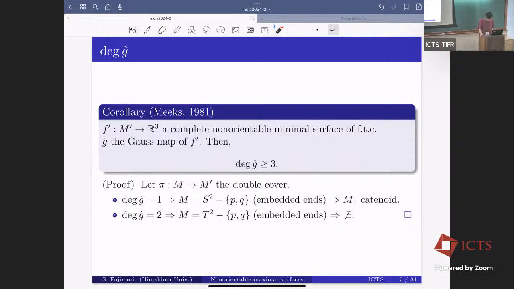So we have no degree 1 or degree 2 example, so the degree is at least 3.